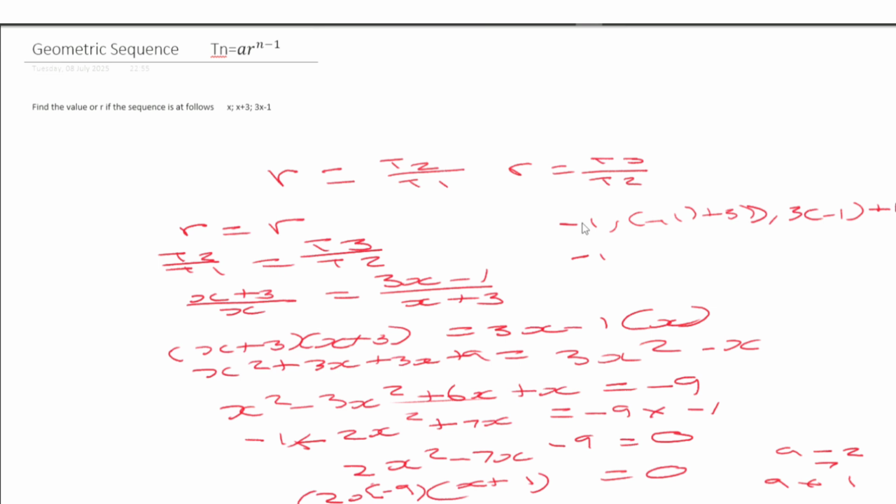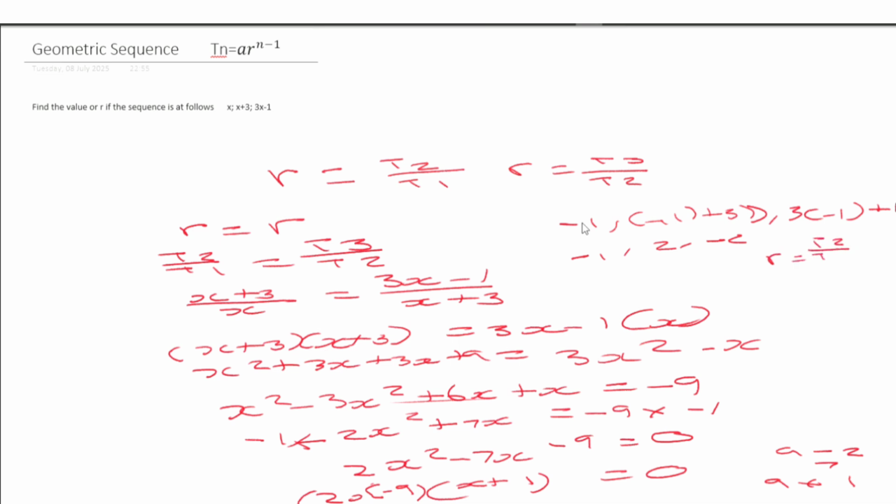So negative 1, comma, that is going to be 2, and that times that is negative 3 plus 1, which is equal to negative 2.